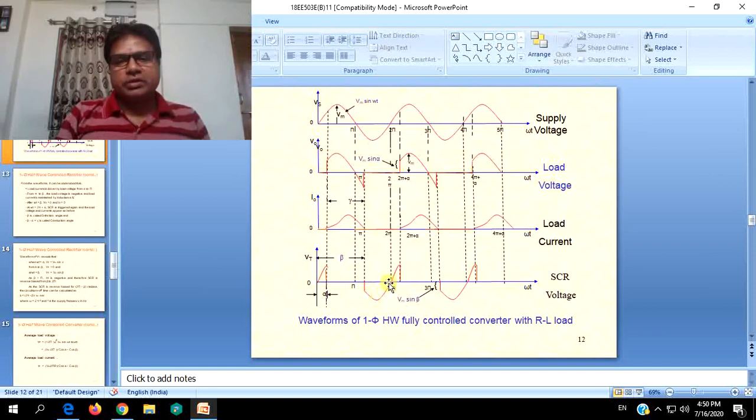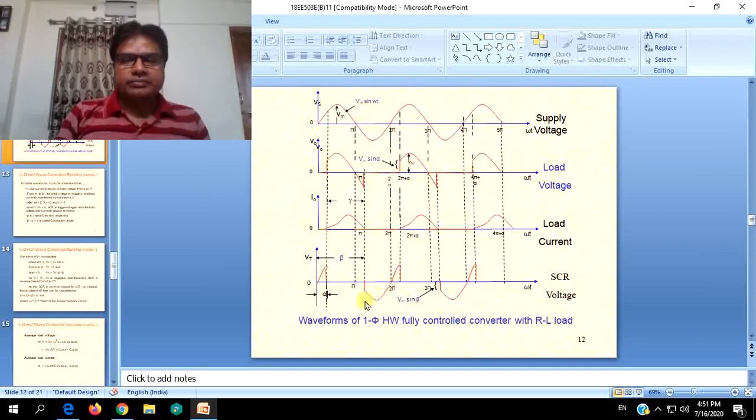In case of resistive load, the total negative half cycle was appearing across the SCR, and the total negative half cycle source voltage was blocked by the SCR from pi to 2 pi.